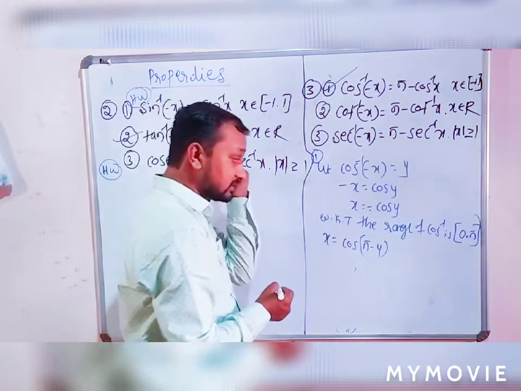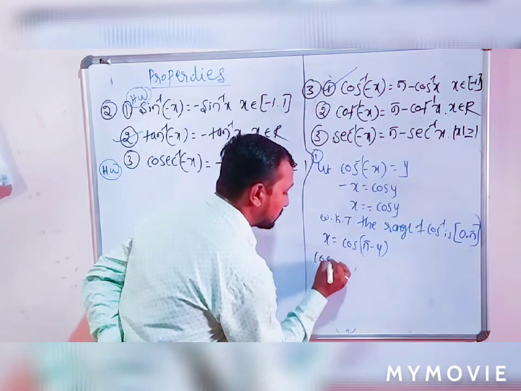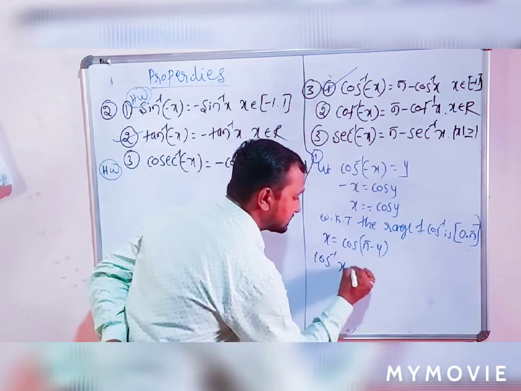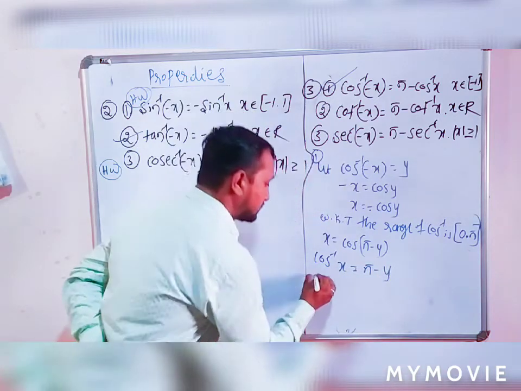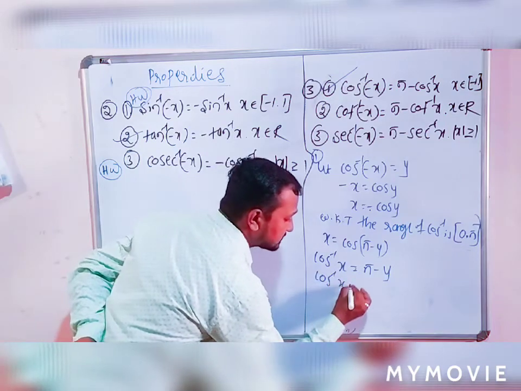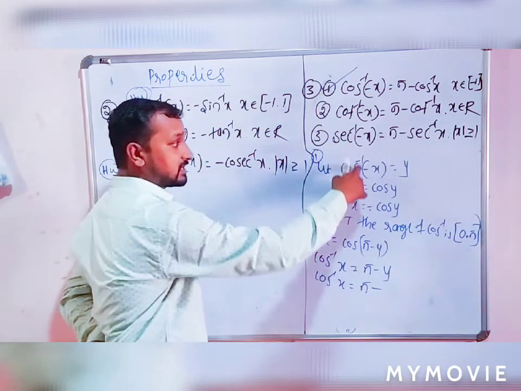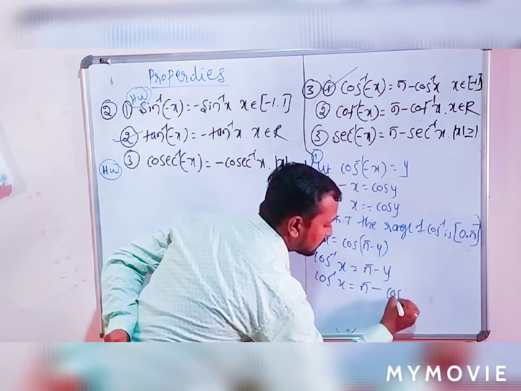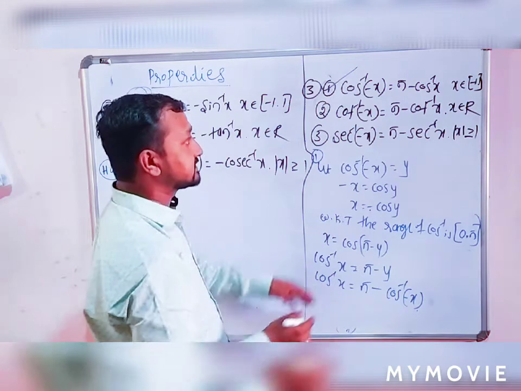Okay, so then cos shifted to this side, cos inverse of x is equal to pi minus y. Cos inverse of x is equal to pi minus, what is the value of y? Cos inverse of minus x. Okay, so what is our result?